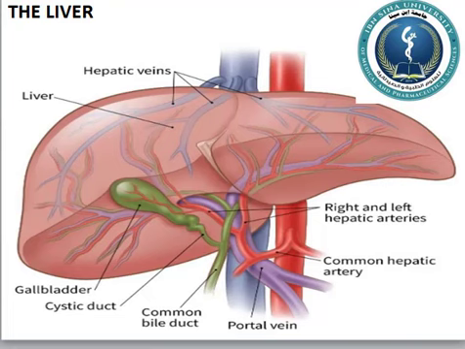Another important organ in the body is the liver. The liver is the second largest organ, located in the right upper quadrant of the abdomen. It is the largest visceral structure. It is the largest gland in the human body. It has many functions.